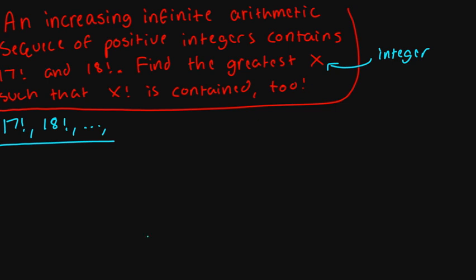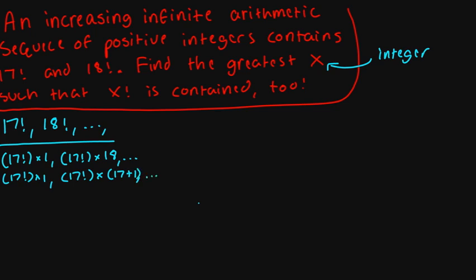We can factor out 17 factorial: take 17 factorial times 1, then 17 factorial times... Note that 18 factorial is 17 factorial times 18, and note that 18 is also equal to 17 plus 1. So the term is 17 factorial times (17 plus 1).